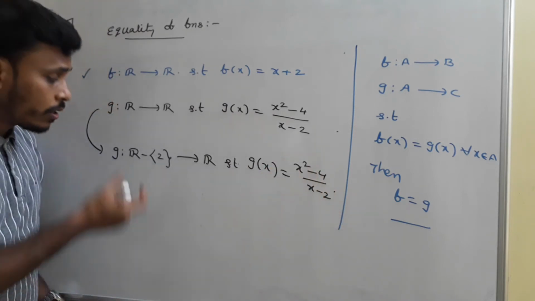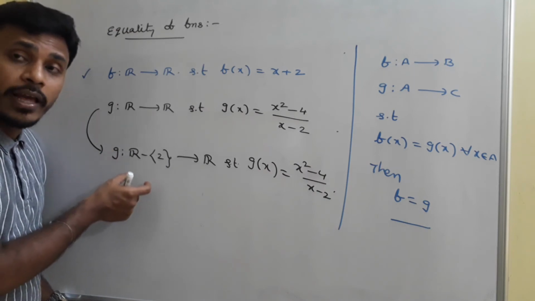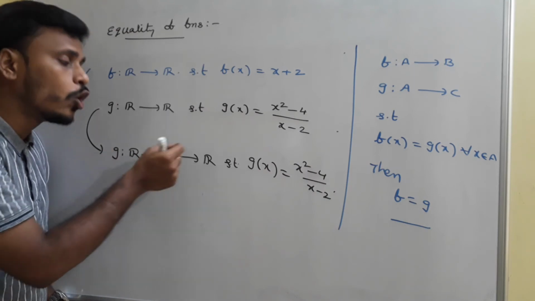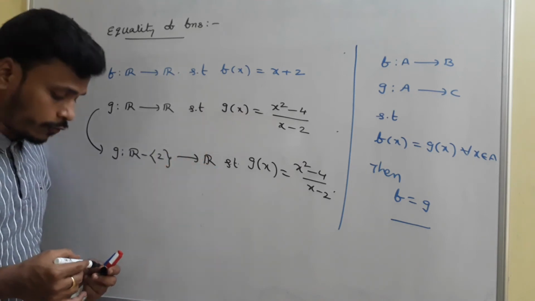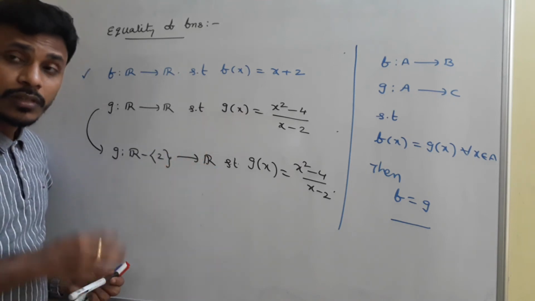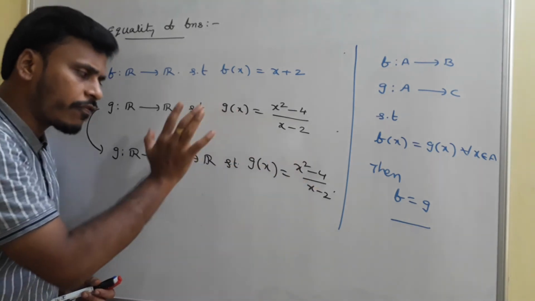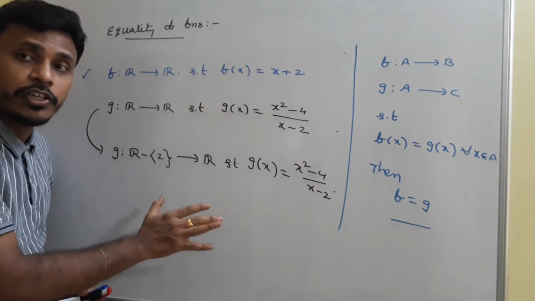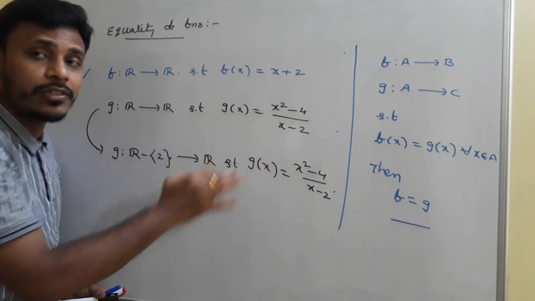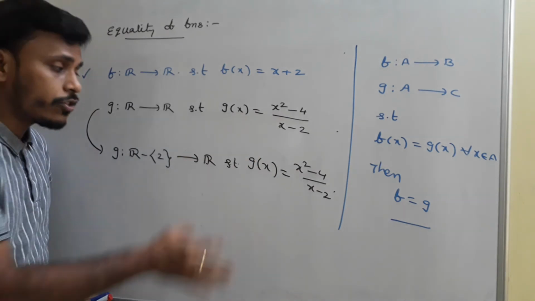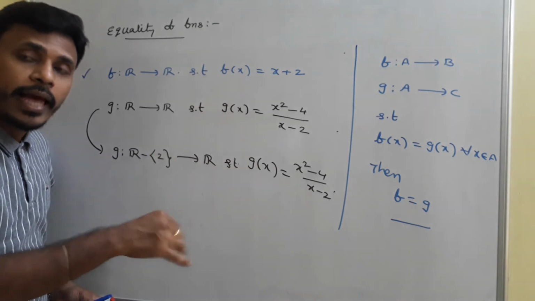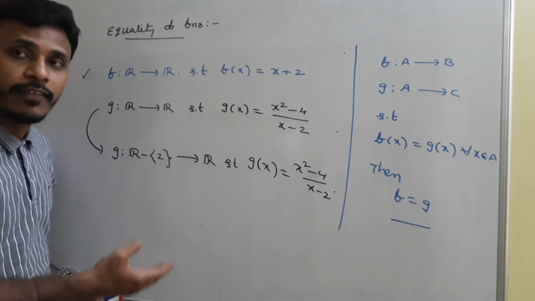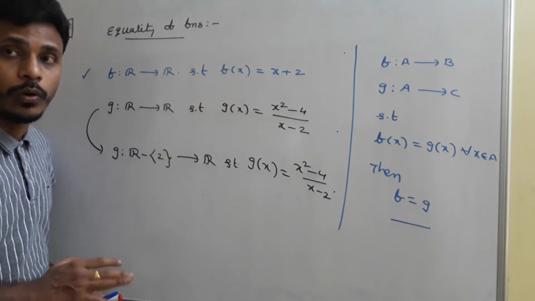Right, very good. Now g is a function whose domain is all the real numbers except 2, to the real numbers, such that g of x is equal to (x square minus 4) by (x minus 2). Now again this is clearly a function, and on simplification g of x is x plus 2, and f of x is also x plus 2. Again people will try to say that f is equal to g, but again it is not equal. Why?